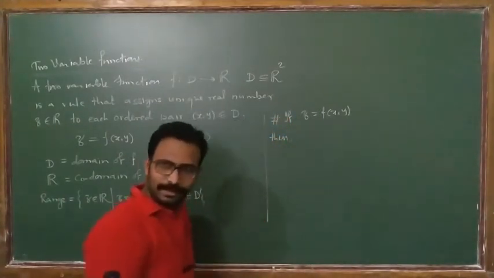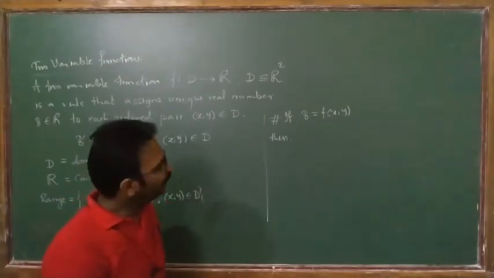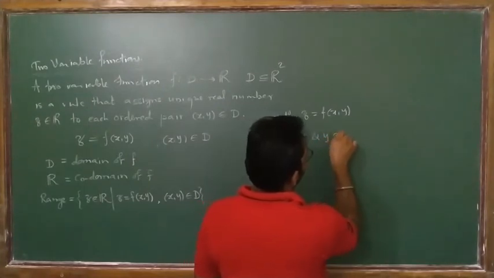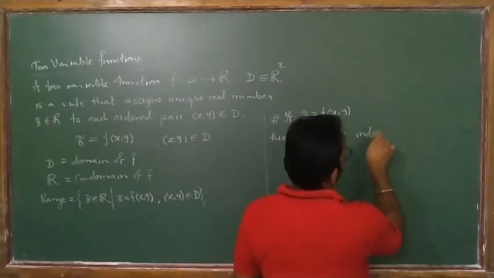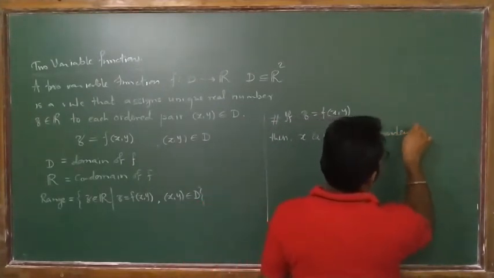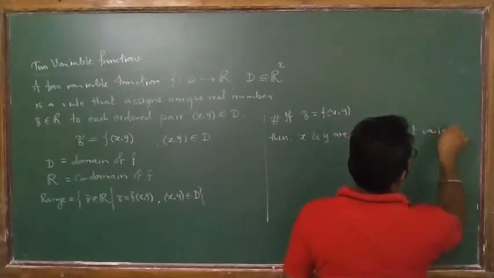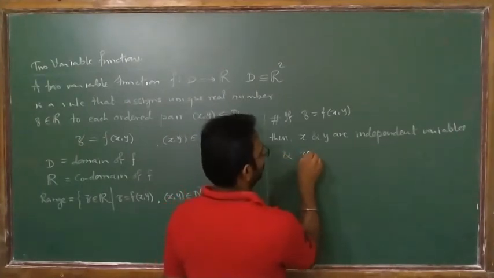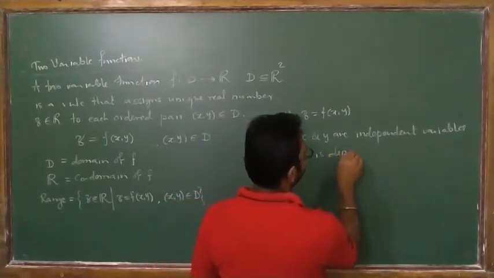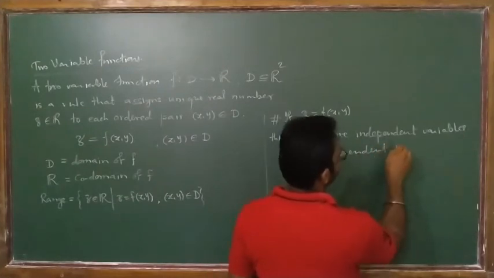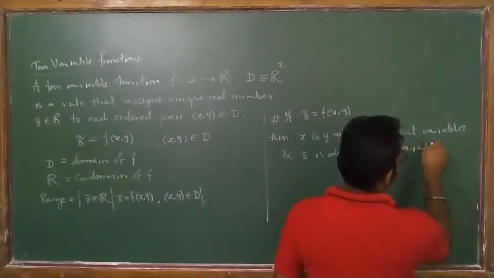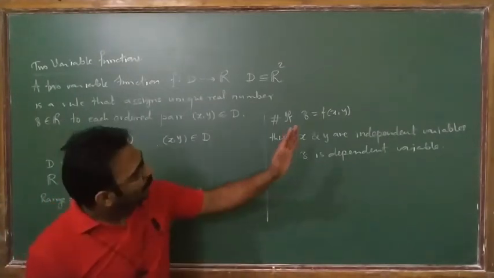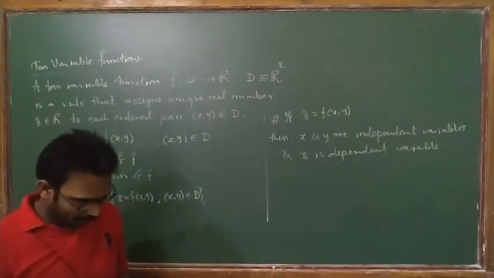we can say that x and y are independent variables, and z is the dependent variable. This is because we have defined the function z equal to f of xy.